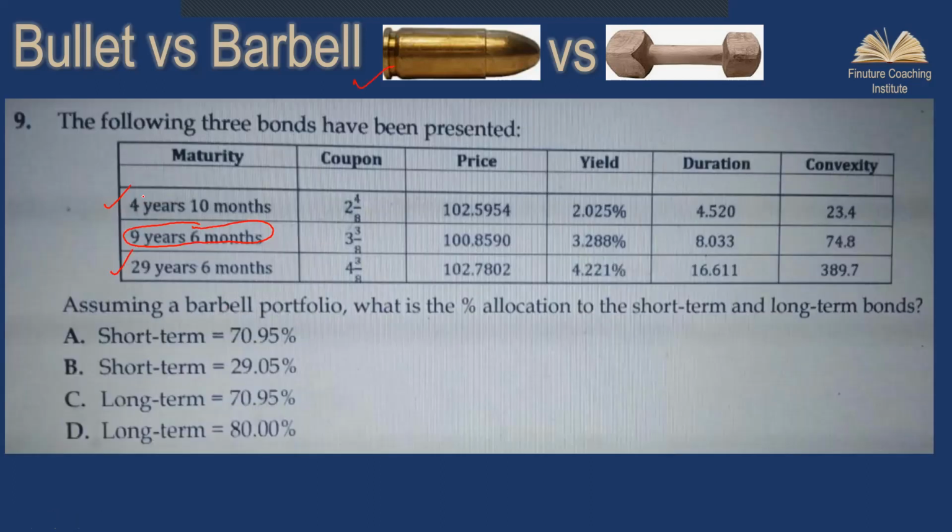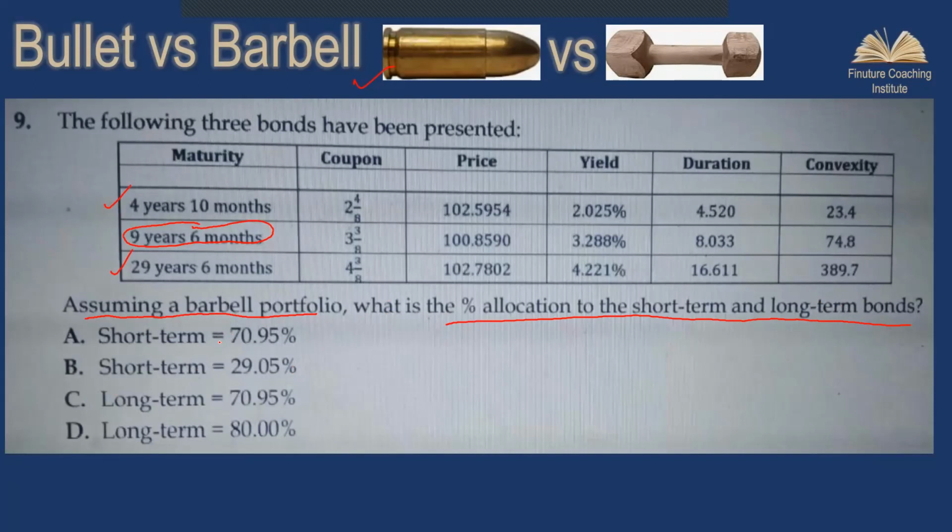You have been given three bonds, and you have been asked to assume that you are going for a barbell portfolio. So what is the percentage of allocation that you would invest in the short and long term bonds?